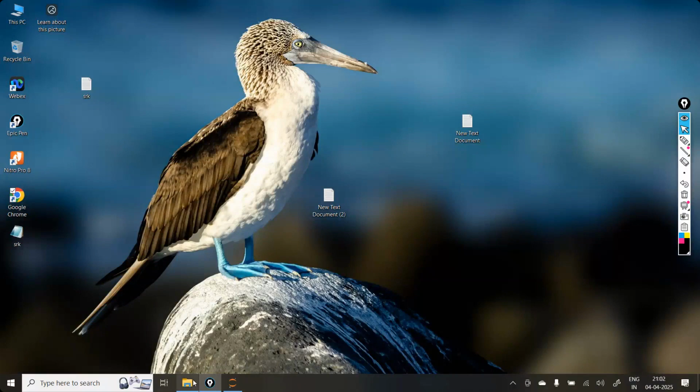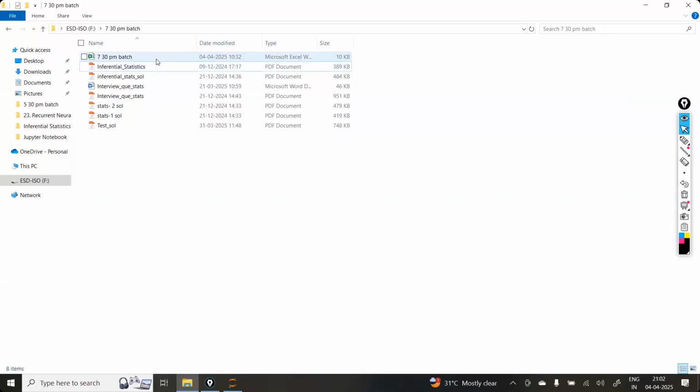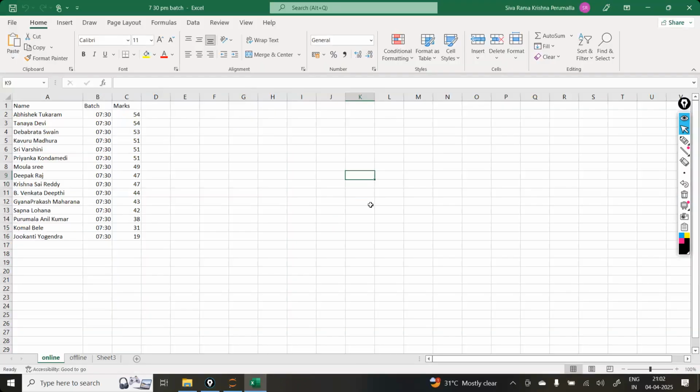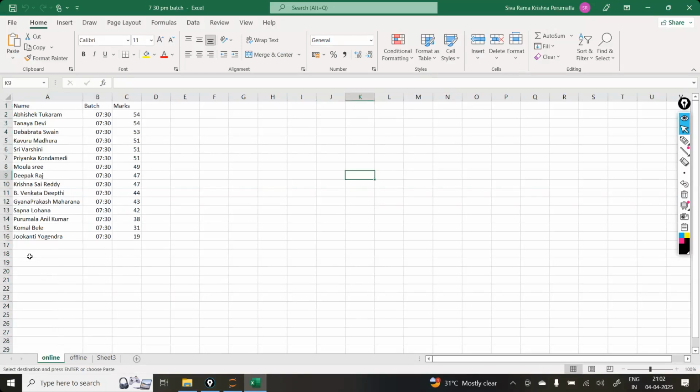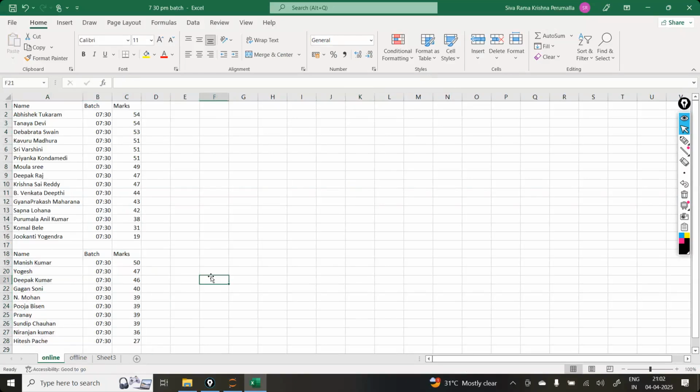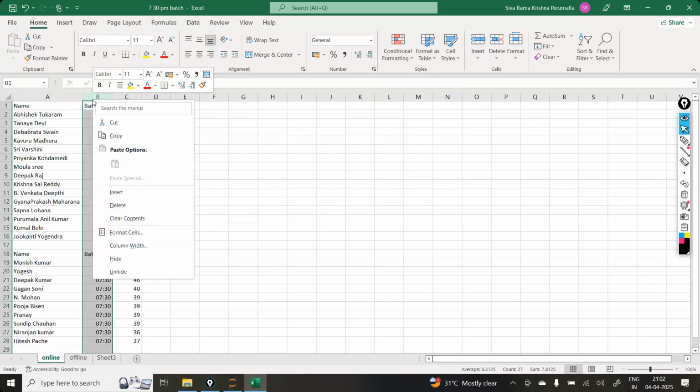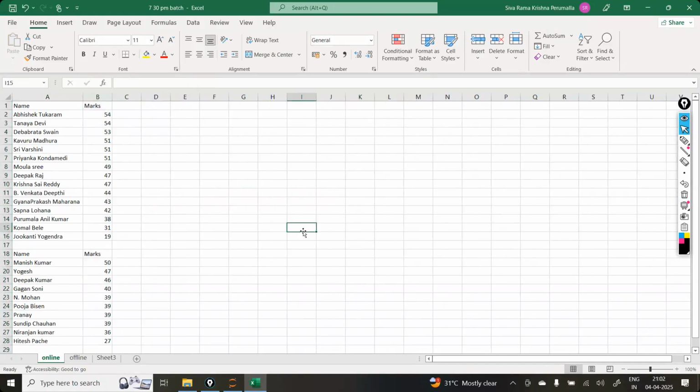And these are your marks for your last test. What are the tests you have conducted recently? These are your marks for both online and offline students. These are offline students' marks. These are online students' marks. Whoever has attempted the test, you can check your marks and you can leave.